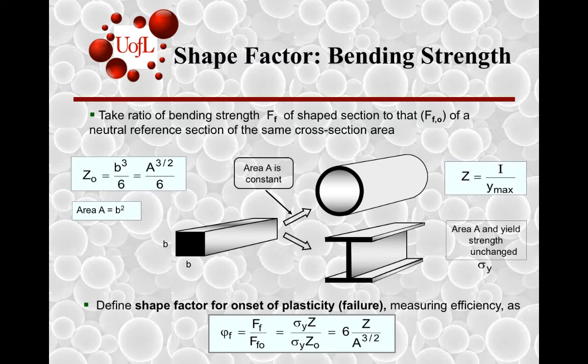For the same material, the shape efficiency factor for bending strength would be Z divided by Z original, where Z original for the square shape is given as a raised to 3/2 divided by 6. If you introduce this term in the denominator, you will be able to rearrange terms and say that the shape efficiency factor for any given shape is the Z moment divided by area to the power 1.5.